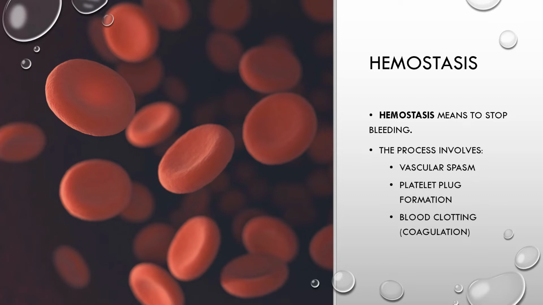Now, there are three mechanisms that reduce blood loss. They are the vascular spasm, the platelet plug formation, and blood clotting, also known as coagulation. Now, when successful, hemostasis prevents hemorrhage.